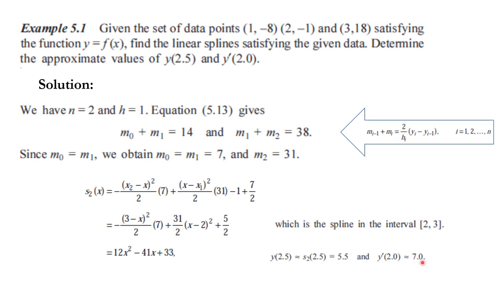We can also find this first derivative at 2.0 by finding s1 of x, since the point x equal to 2 is the boundary between s1 of x and s2 of x. Both should be the same, since the first derivative is also continuous in the quadratic splines.